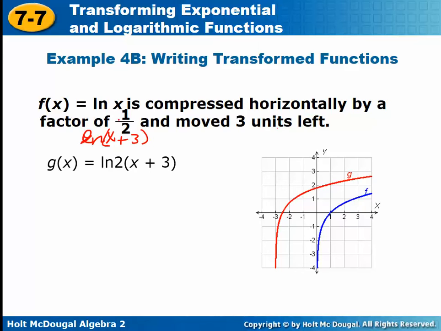And in order to compress horizontally by a factor of 1/2, we take the reciprocal of that, 2, and put the 2 right there. So it's kind of squished. So there we have it. And then they graphed both of them too, so you could see that indeed the red line has been compressed horizontally, and it also has moved 3 units to the left.